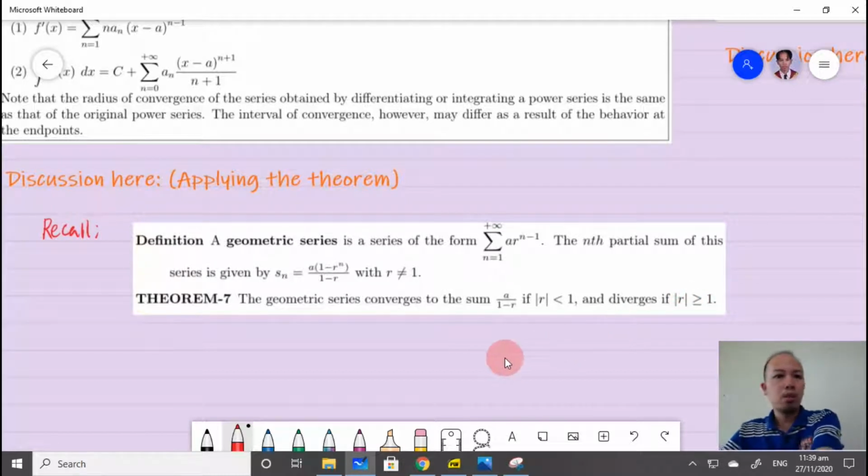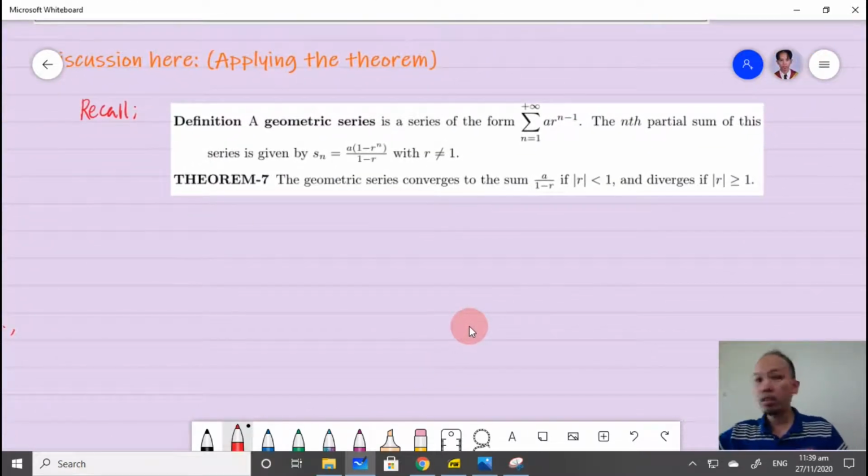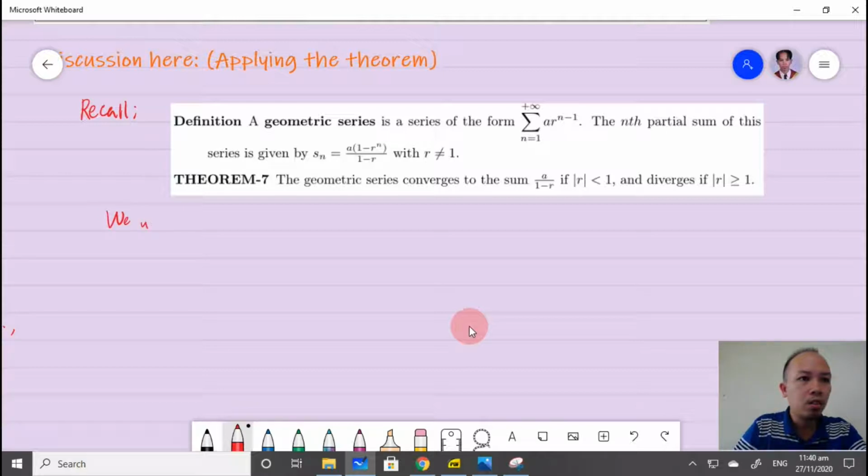So what we will do here is start at this series.